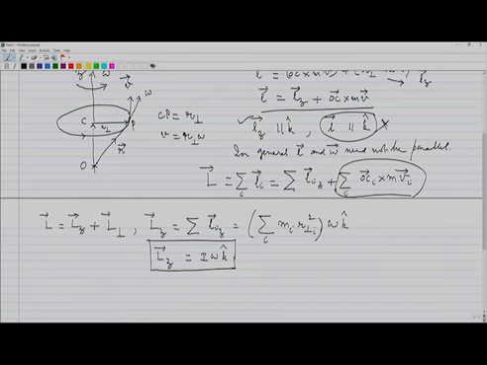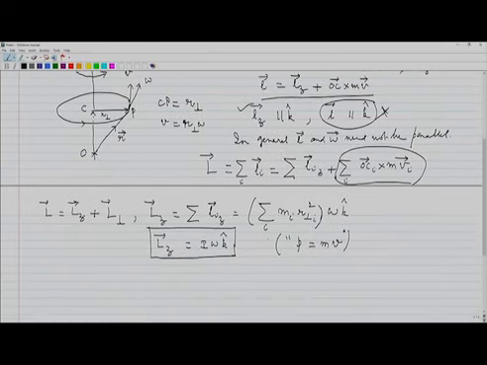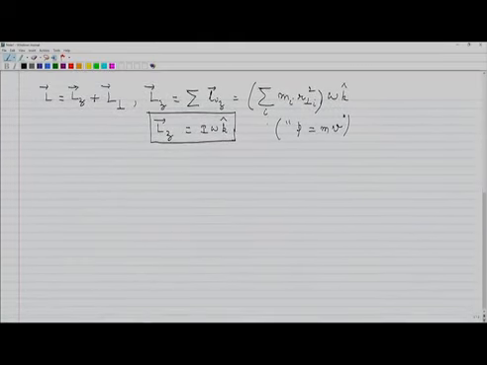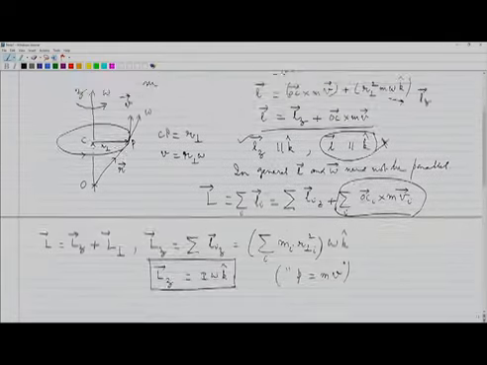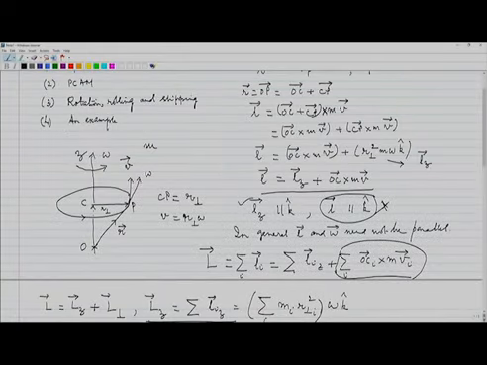So this equation reminds us, a bell should ring in our mind. It is something similar to P is equal to mv in the case of linear motion. In the case of symmetric rigid bodies, for a given OCI, for every particle which has a velocity Vi, there is another particle with a velocity minus Vi.